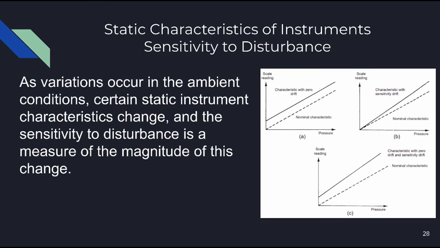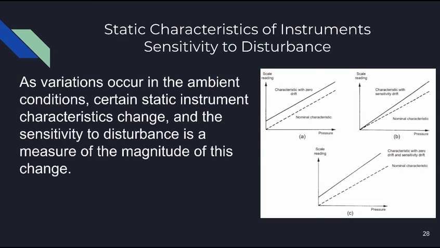It is quite usual to find that there is a reading of perhaps 1 kilogram with no one standing on the scale. If someone of known weight 70 kilograms were to get on the scale, the reading would be 71 kilograms. And if someone of known weight 100 kilograms were to get on the scale, the reading would be 101 kilograms.